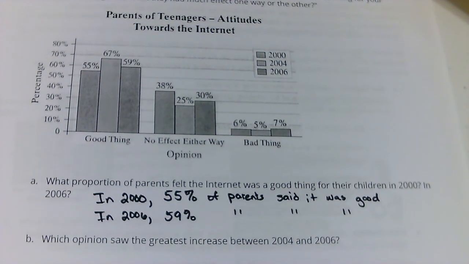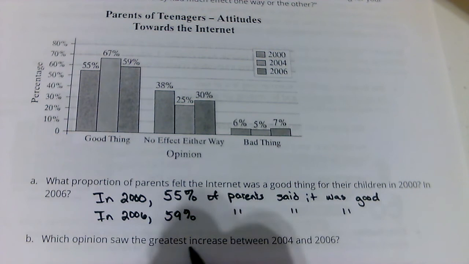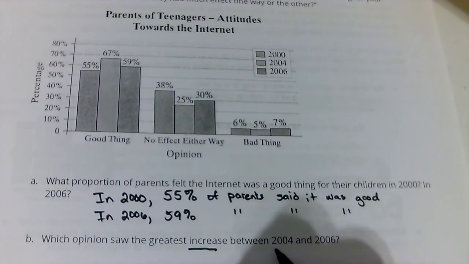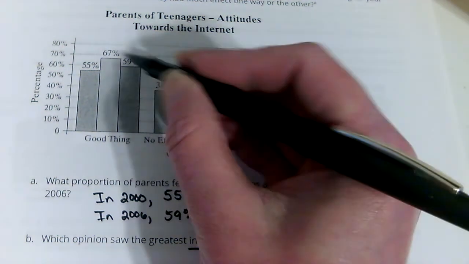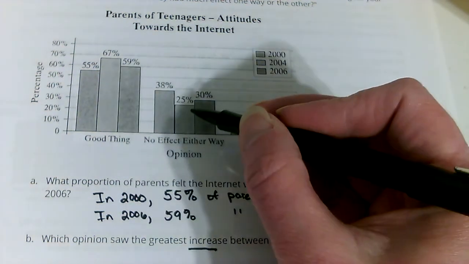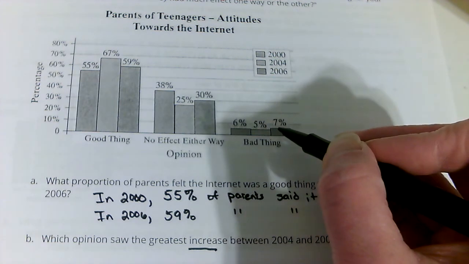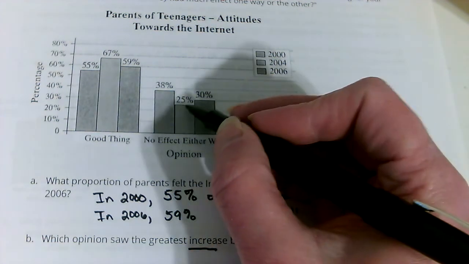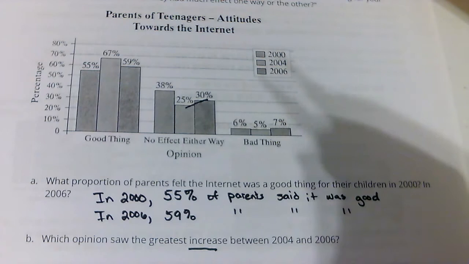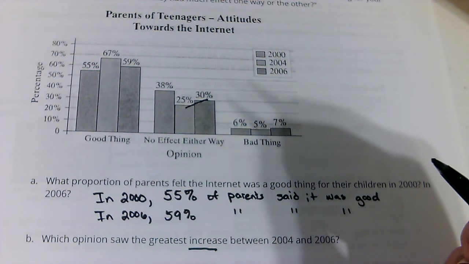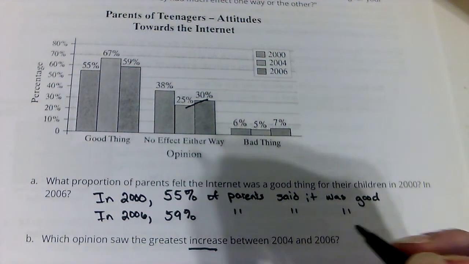Which opinion saw the greatest increase between 2004 and 2006? So between the middle and the last. So here we have a decrease. Here's an increase. And here's an increase. So we have an increase here of 5%.